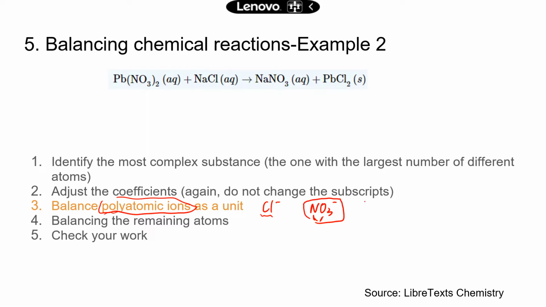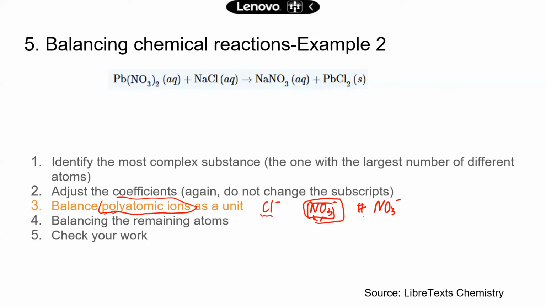Now, when you see polyatomic ions in a chemical reaction, make sure you treat the entire group as 1 unit. So you're going to treat NO3 as 1 unit. So when you balance the chemical reactions, you are going to try to balance the number of NO3.